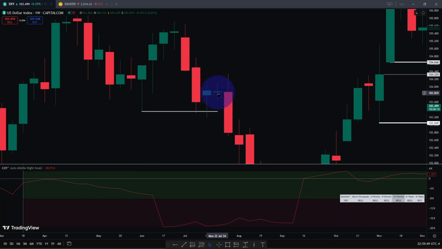Because when the market closes like this and you aim for this high, it's safe. This is the draw on liquidity, the previous weekly high. Why is it the draw on liquidity? Well, a bullish close, a swing low, markets will return into the previous weekly high. That's your draw on liquidity.